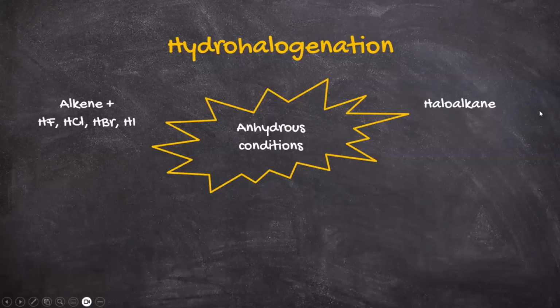And that will give you a haloalkane, but it is very, very important that you keep this dry. You do not bring water anywhere near this. Why? For the same reason that you use a nonpolar solvent for halogenation. Water will outcompete your acids. Okay, you want these acids to stick on to this alkene. Okay, let me give you an example of what this looks like.